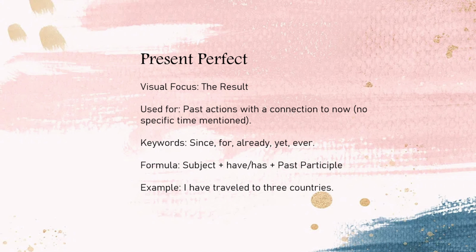Here, I is the subject, and because the subject is I, I'm going to use have. If it were someone else, I would have used has traveled to 3 countries. Here, traveled is the past participle because that has already happened. So this connects the past to the present.